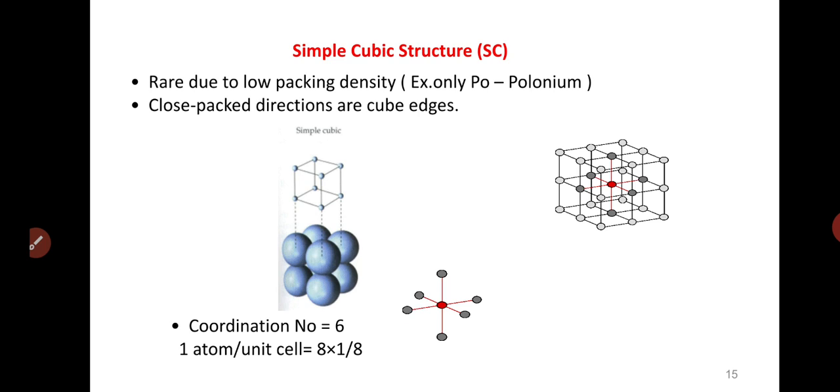So the 1/8 part of 8 atoms becomes 8 into 1 by 8. So the calculation is 1. So in this given unit cell there is 1 atom.